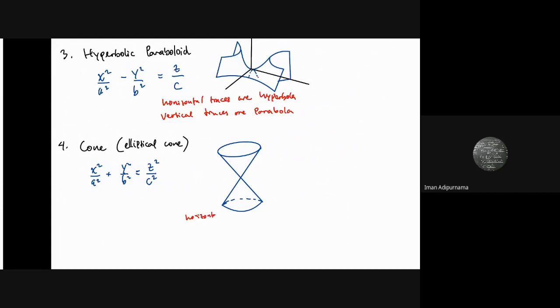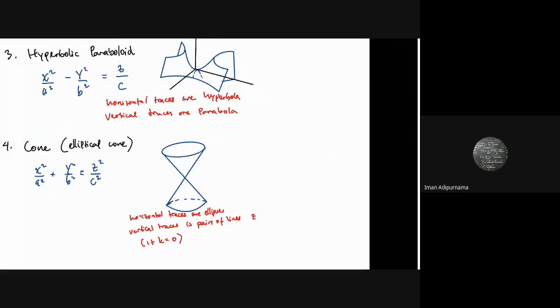Horizontal trace is ellipse. Vertical traces is pairs of lines. This is if k is 0. Z, oh wait, x is k and y is k.